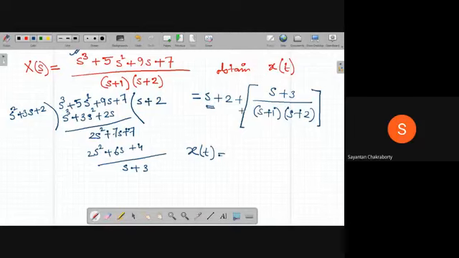Okay, what will be the inverse Laplace of 2? 2 delta t. Yeah, right. What is delta t? Impulse function. Yeah, it's impulse function. And what about this s?